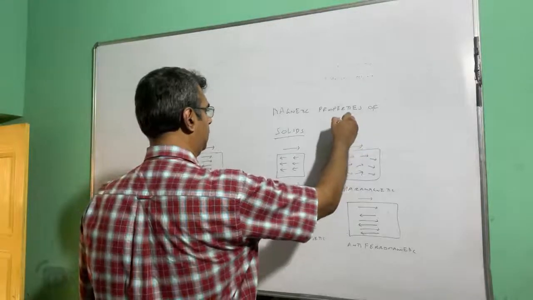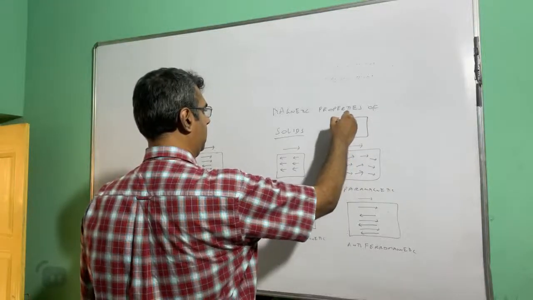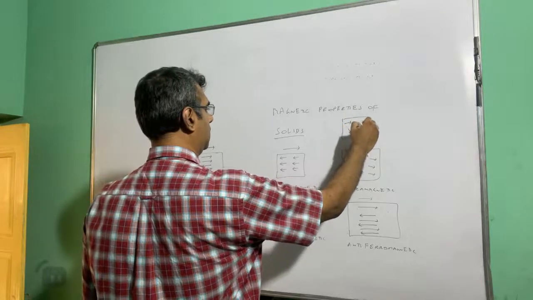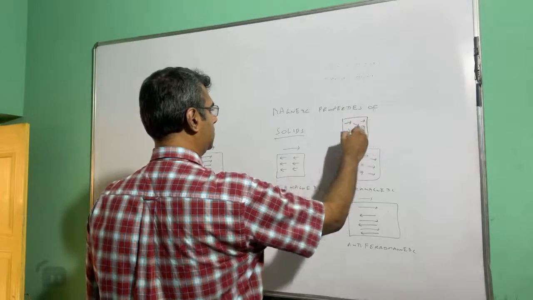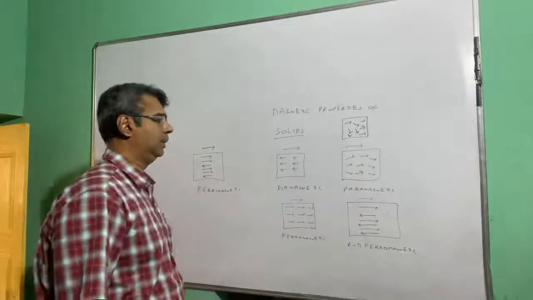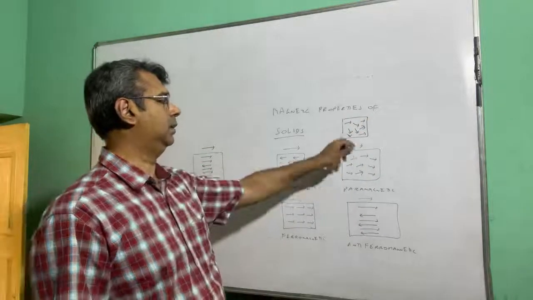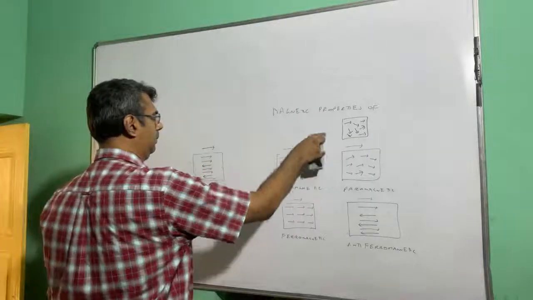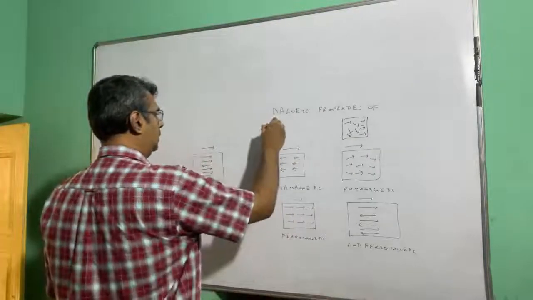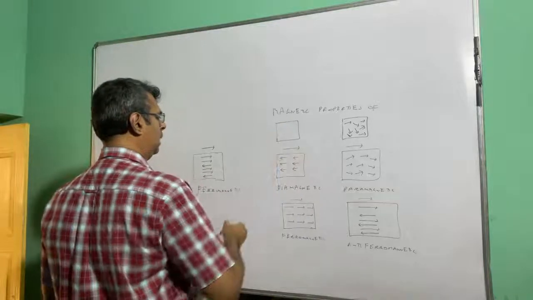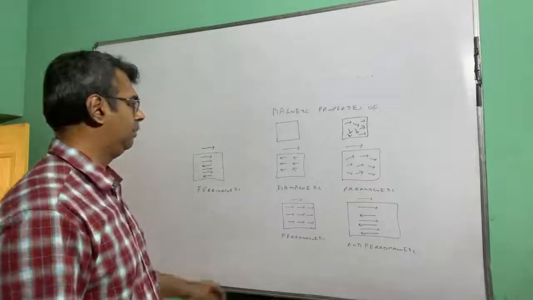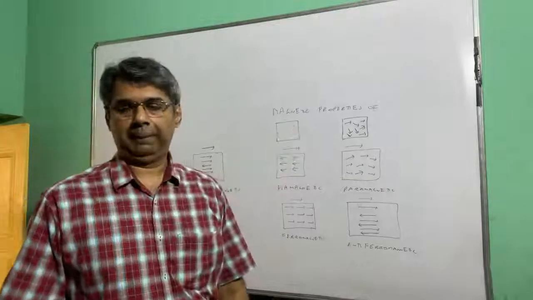At a microscopic level, the paramagnetic substance will look like this, whereas the corresponding diagram for diamagnetic will be totally blank.